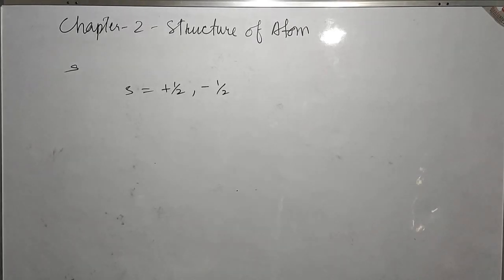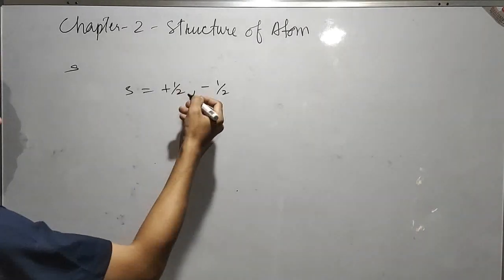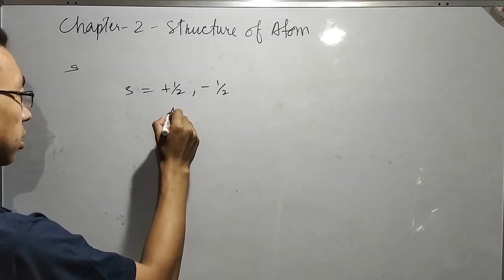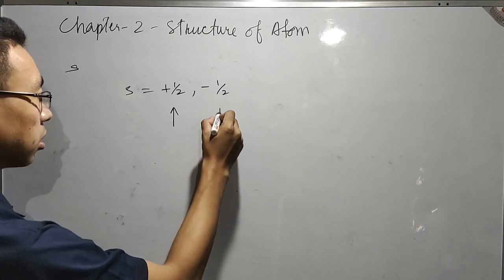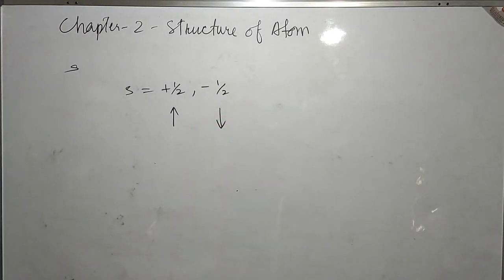We also represent it this way: for clockwise the arrow will be pointing upward, and for anti-clockwise the arrow will be pointing downward.